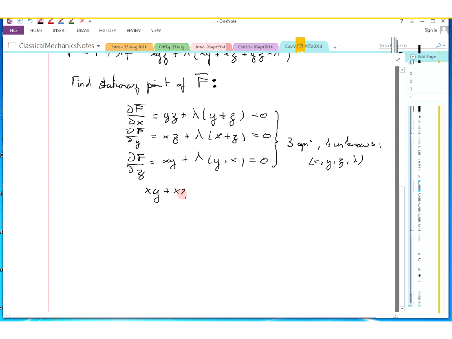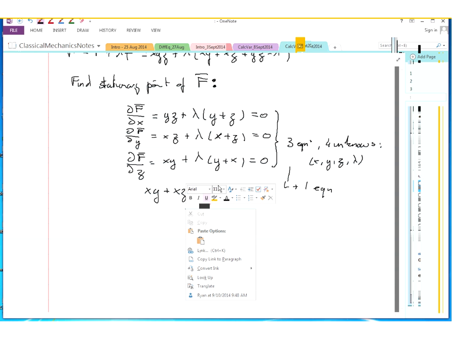So we also have, finally, xy plus xz plus yz equals a, plus 1 equation from the constraint. So we've effectively added this Lagrange multiplier so that we can add an additional equation and treat all the variables as independent. And so now, that's 4 equations, 4 unknowns to find x, y, and z. So that's hopefully something that you can do.